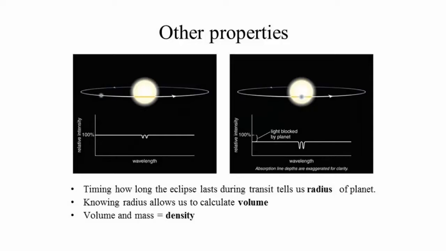Once we have radius, we have volume of a spherical planet, and once we have the volume, and add to that the mass that we have found from the amplitude of the shift, we now have the density of the planet. So you can see how astronomers can gather some very subtle observational data and use those to gradually build a picture of this planet that we cannot even see.